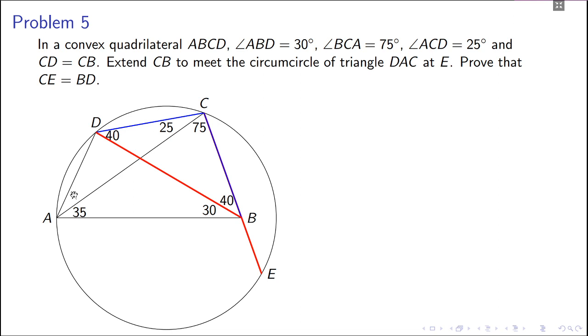So the solution of this problem requires a very clever construction that you need to do somewhere. And how you can think about that construction is that you have to have a hunch that the center of this circle probably lies on this side AB. Of course, since these angles are strange, you cannot just draw it with a compass.